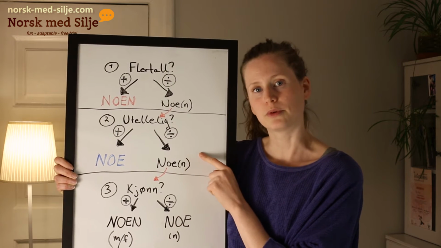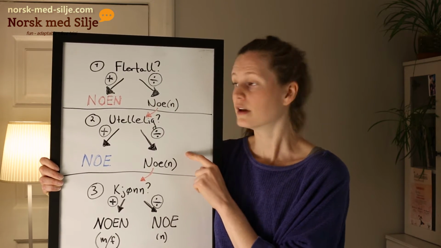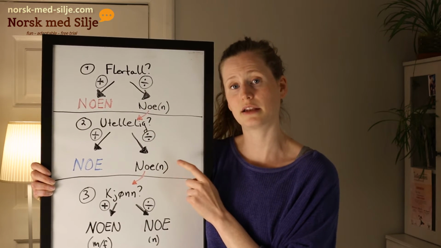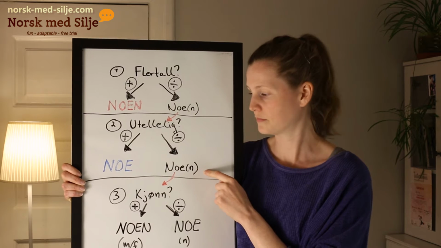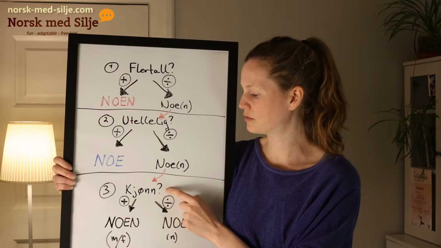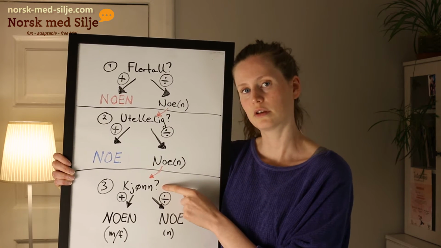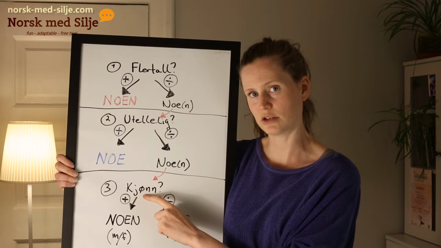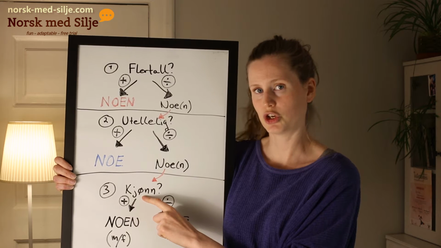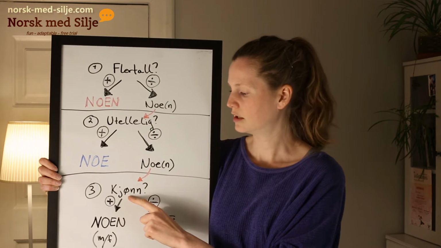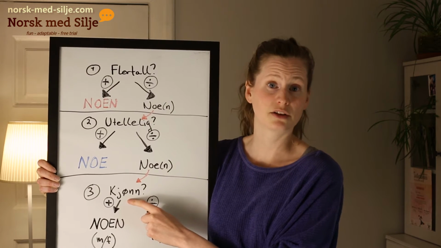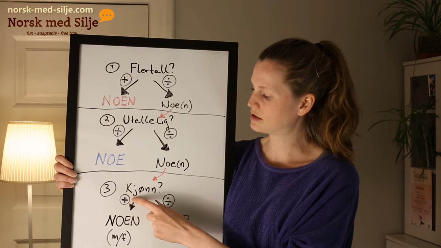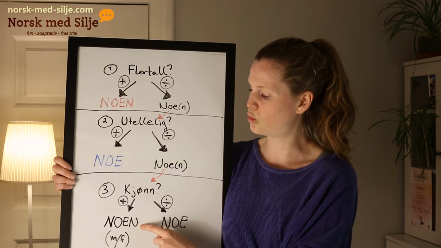But if it is countable, and it is not plural, so it's singular, it's countable and it's singular, then we continue down this road. And you can ask yourself, does it have a gender? Kjønn. Which means, is it masculine or feminine? If it's masculine or feminine, you use noen.